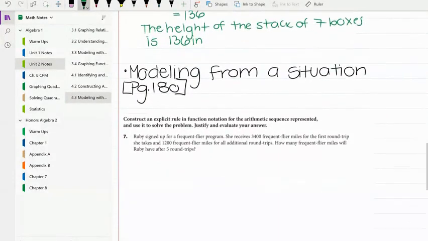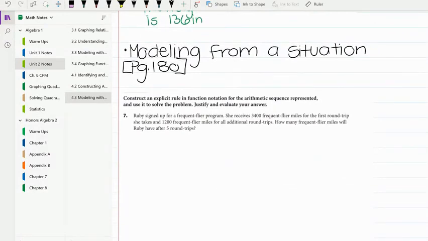And lastly, we are going to create a sequence from a situation. So it says, Ruby signed up for a frequent flyer program. She received 3,400 miles for the first round trip she takes and 1,200 frequent flyer miles for all additional round trips. How many frequent flyer miles will Ruby have after 5 round trips? So basically, what I gathered is that the first term is 3,400, and the common difference is 1,200.